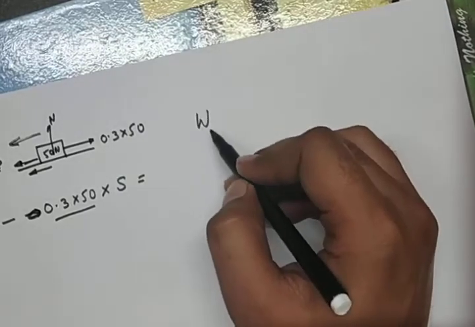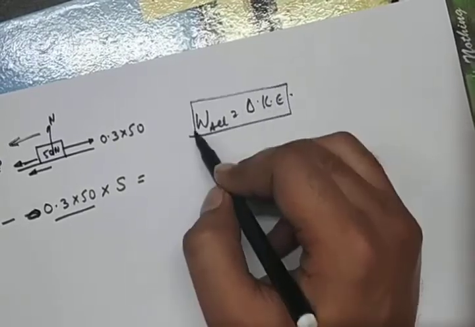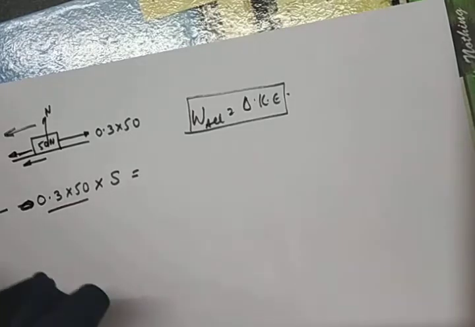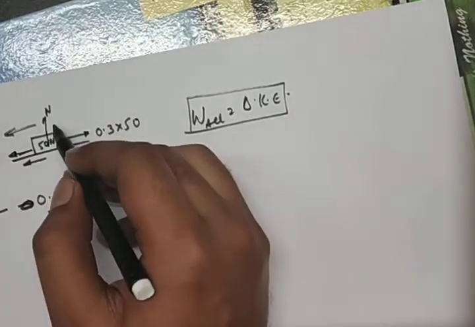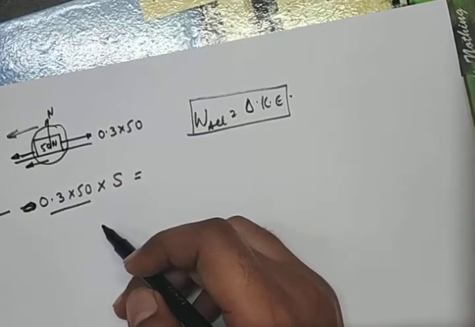Sorry, change in kinetic energy, because the work done of all equals the change in kinetic energy. What is the change in kinetic energy? That is half. I am talking about this block. Initially it is at rest, and finally it is moving with some velocity.